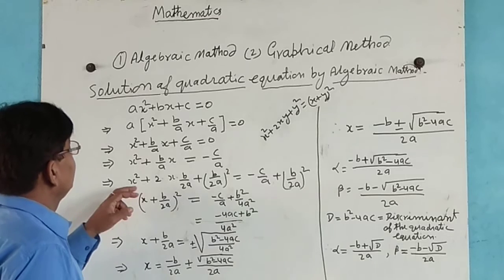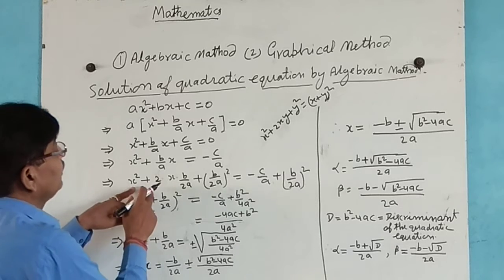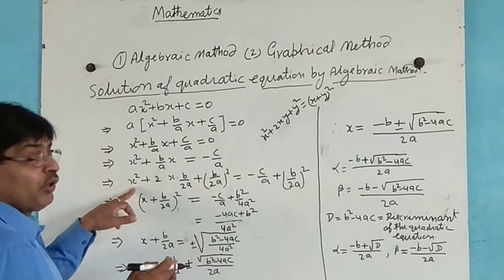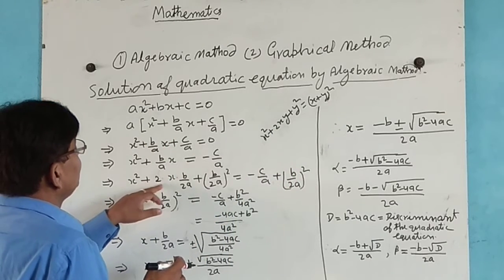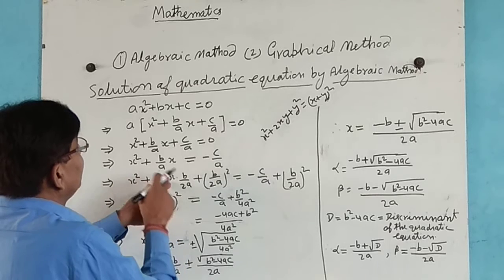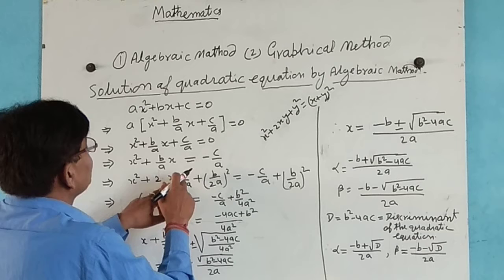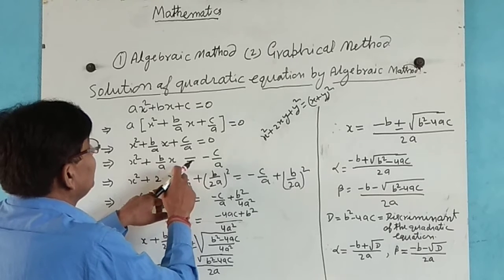Here x square, 2 into product of both, 2 into x, here b by a, 2 means b by 2a.